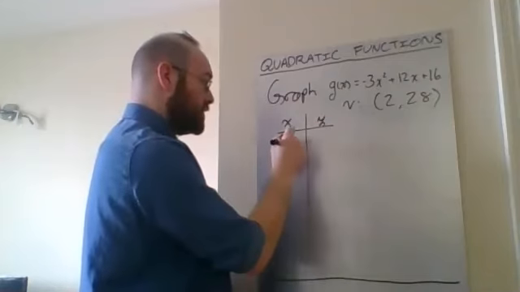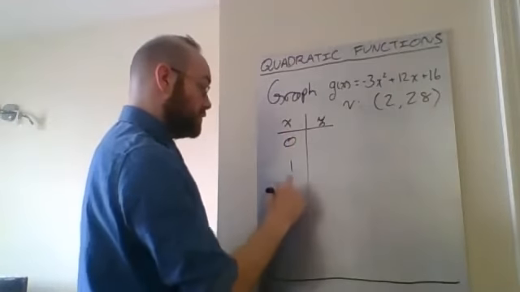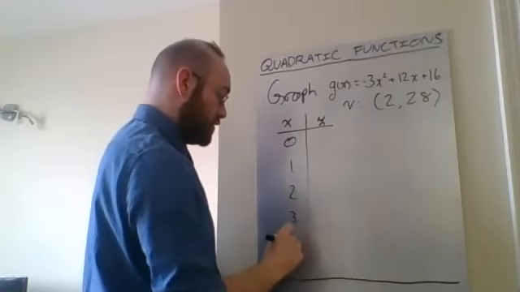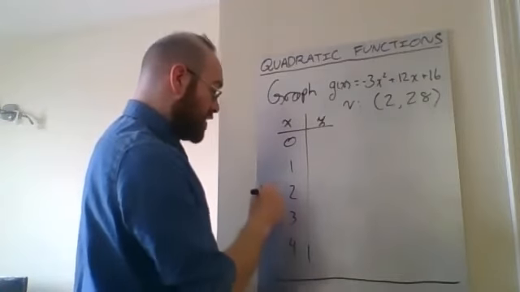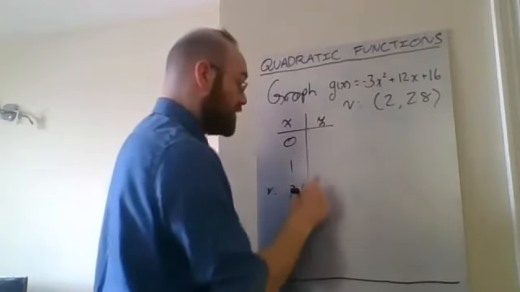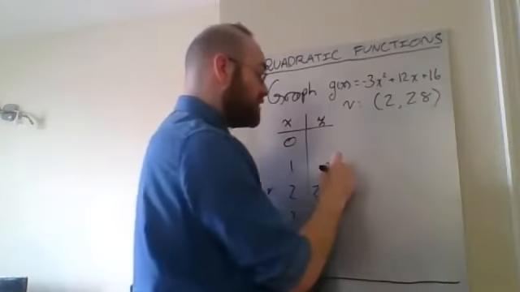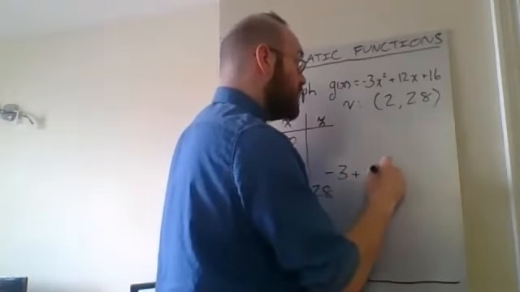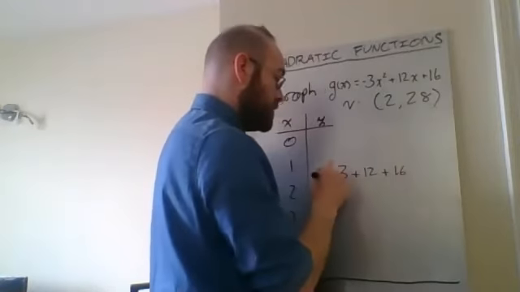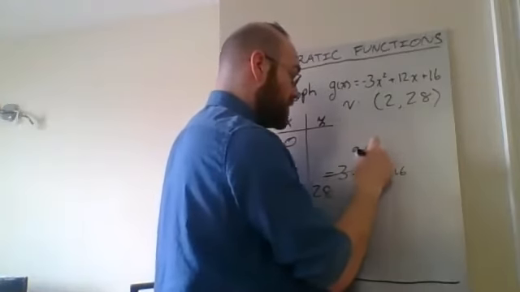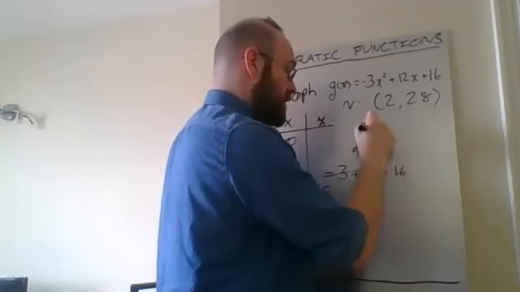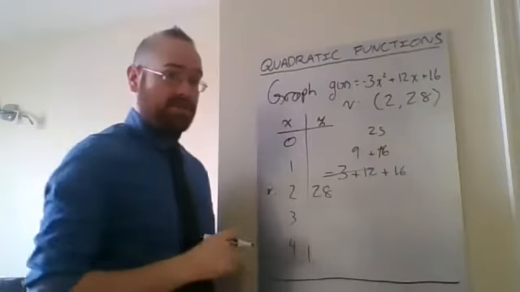And now as before, we're going to evaluate a couple points on either side. So we'll have 0, 1, 2, 3, 4. And I know the vertex is 2, 28. When I plug in 1, I have negative 3 plus 12 plus 16. These give us 9 plus 16, and that is 25.